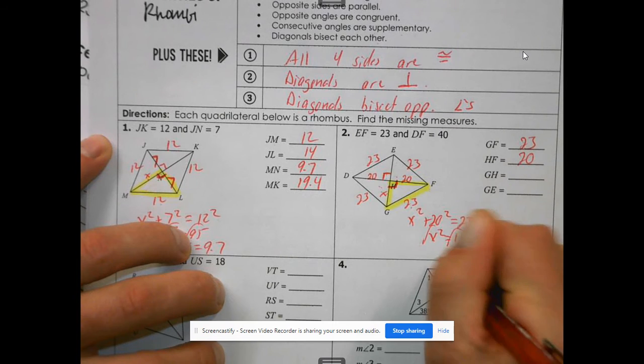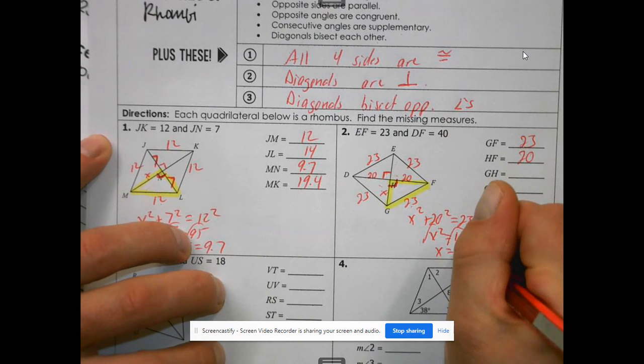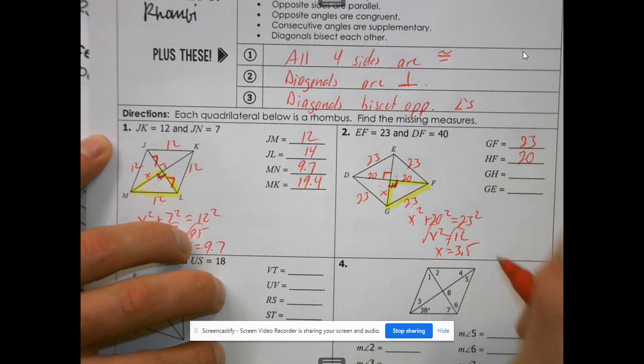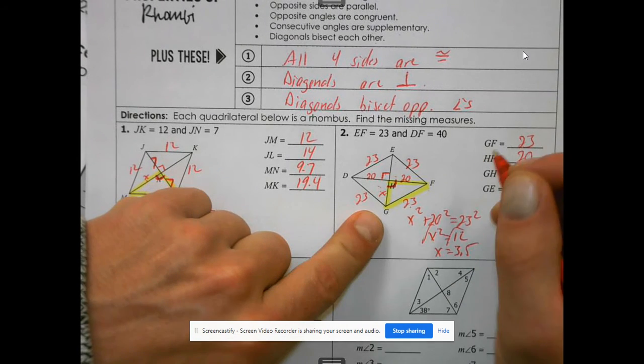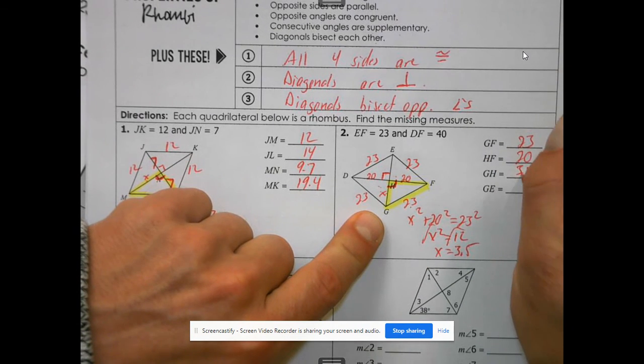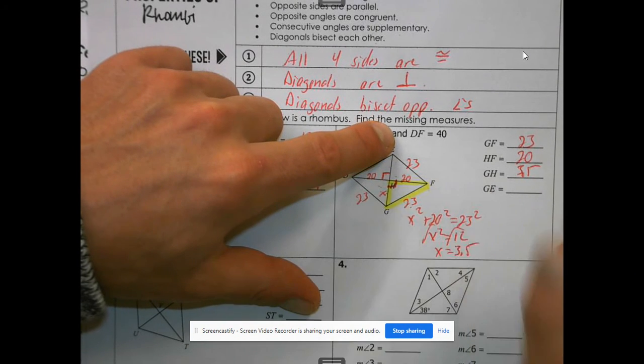Square root 12. That comes out to be 3.5. All right, so G to F is 3.5. G to E, the whole thing, 3.5 plus 3.5, 7.